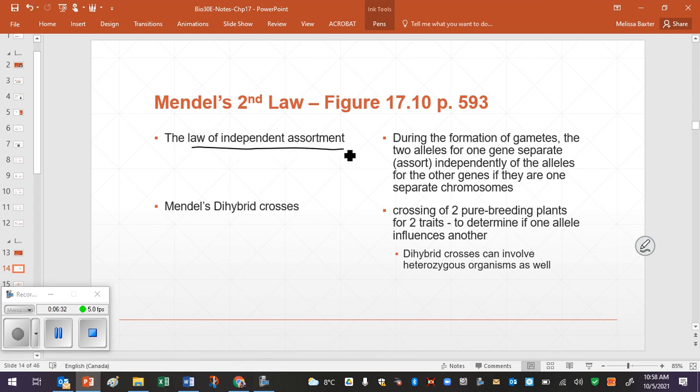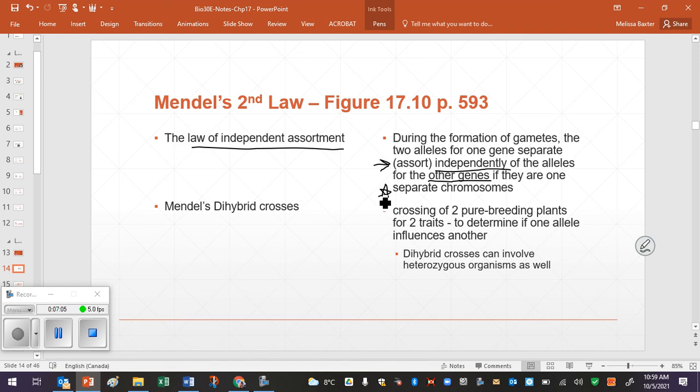So you should already know what independent assortment is, because we already talked about it, but in the context of genetics, Mendel had something to say as well. During the formation of gametes, which he mentioned in his first law, there's segregation during the formation of gametes, the 2 alleles for one gene separate or assort independently of the alleles for other genes if, and this is super important, they are on separate chromosomes.